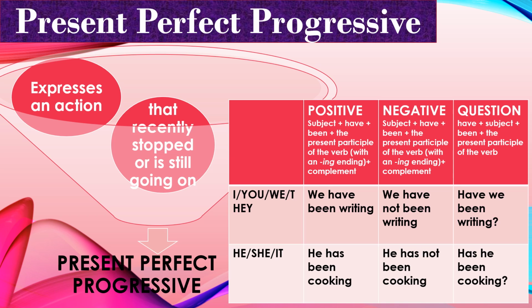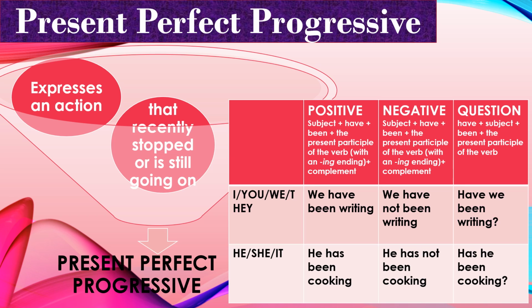For the positive form, we use subject plus have plus been plus the present participle of the verb with an ing ending plus complement. For example, I have been writing. For the third person, he has been cooking.